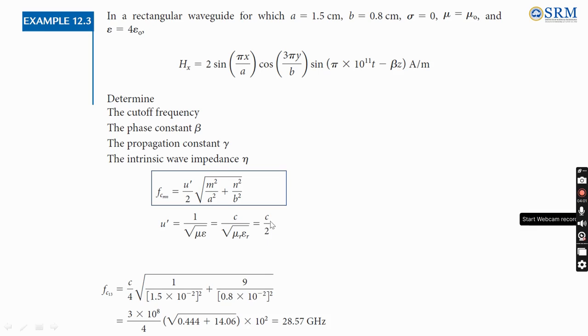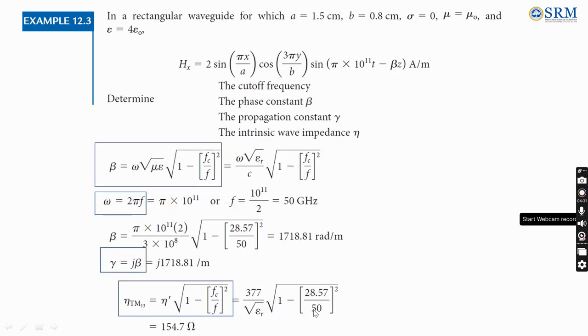So c by 2, the velocity of light divided by 2, we will get, and if I substitute the value for the velocity, we get c by 4 root of (m by a) the whole square plus (n by b) the whole square, where m here is nothing but 1 because no value is given here. For n it is 3. Seeing the kx and ky terms, which are m pi x by a and n pi y by b, we can arrive at the integers m and n, and we can find the cutoff frequency.